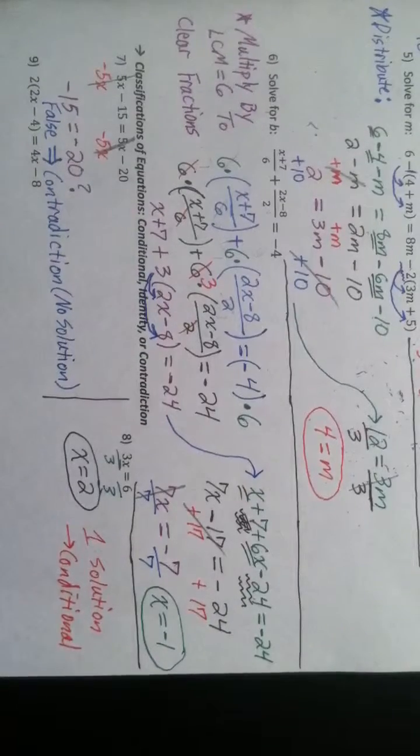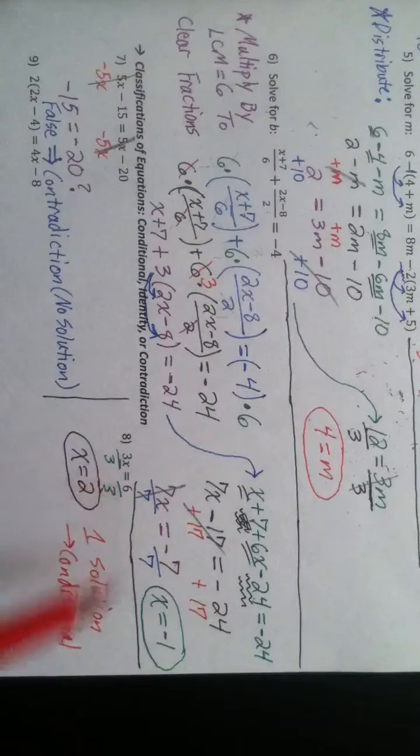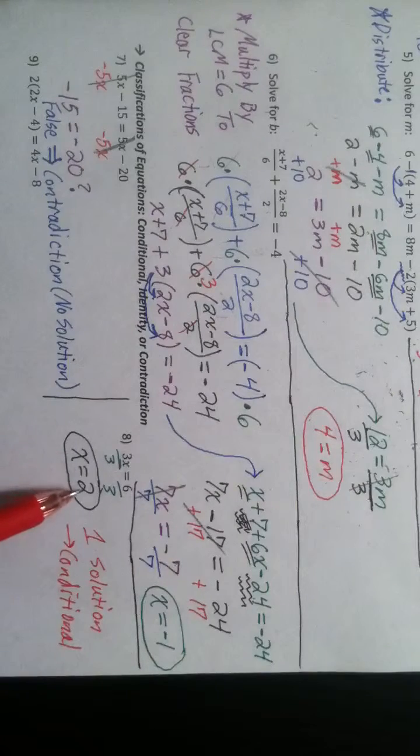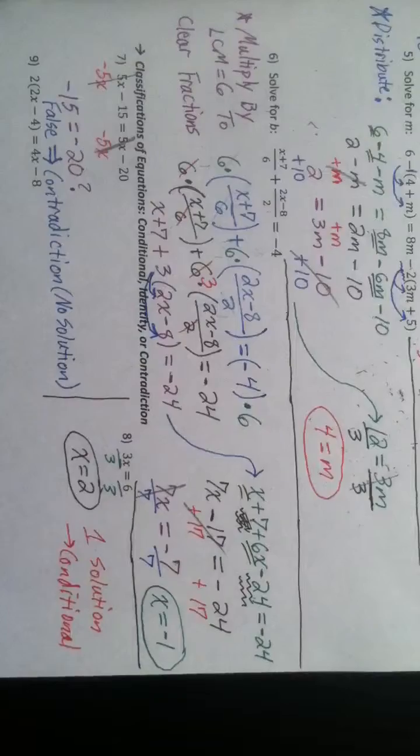So that's our second kind of classification. It's a conditional equation. I think it's conditional based on, well, 3x equals 6 on the condition that x has to equal 2, because 3 times 2 would give you 6. So it's a conditional statement, meaning it only works on the condition that x equals that specific value.